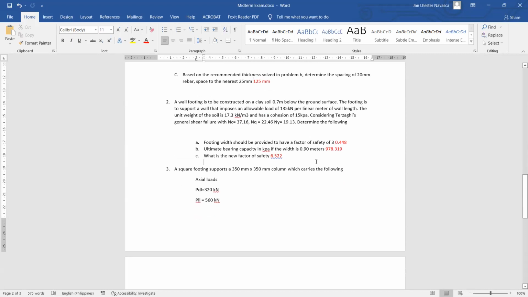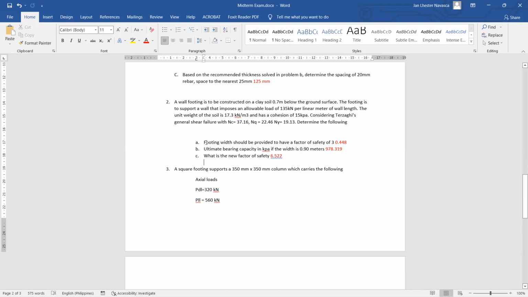Okay, number 2, the wall footing is to be constructed on a clay 0.7 meter below the ground surface. The footing supports a wall that imposes an allowable load of 135 kilonewton per linear meter. The unit weight of the soil is 17.3 and a cohesion of 15 kPa. So considering general shear failure, Nc, Nq, and N gamma, determine the following.